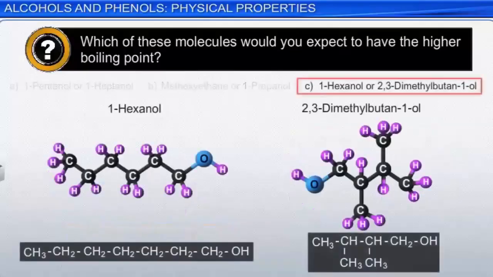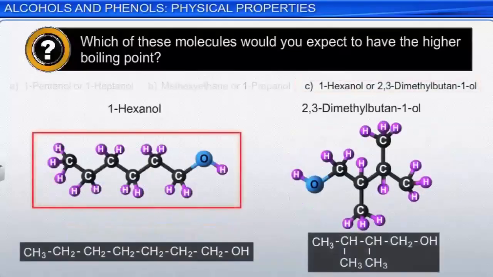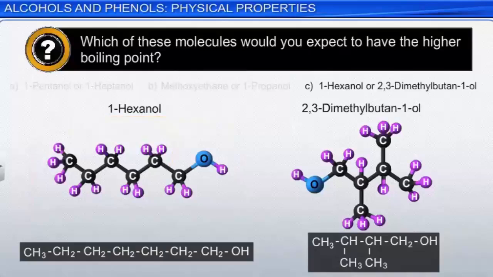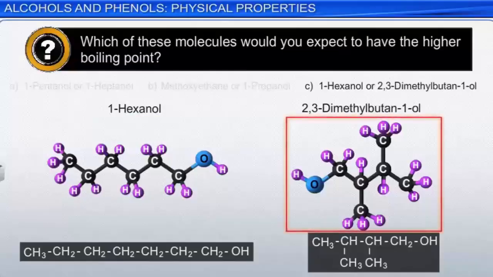For set C, 1-hexanol has the higher boiling point. Its carbon chain is unbranched, giving it stronger London forces than the branched chain in its structural isomer, 2,3-dimethyl-butan-1-ol.